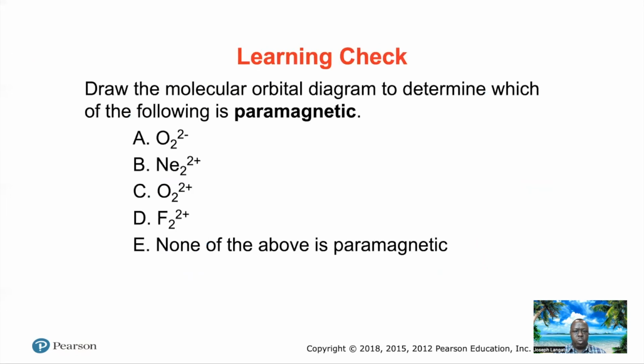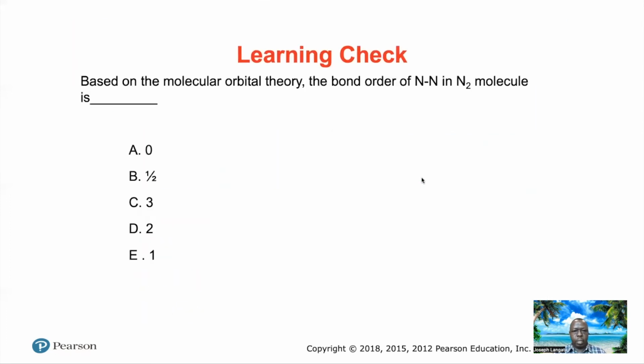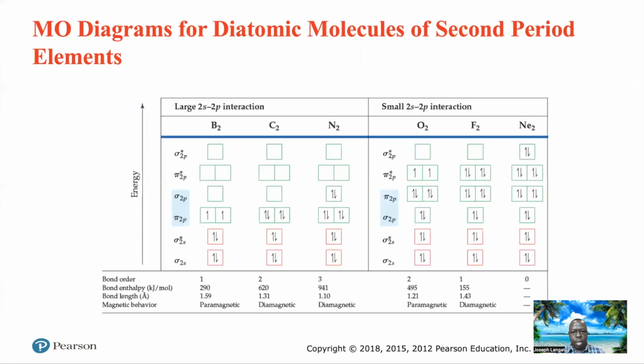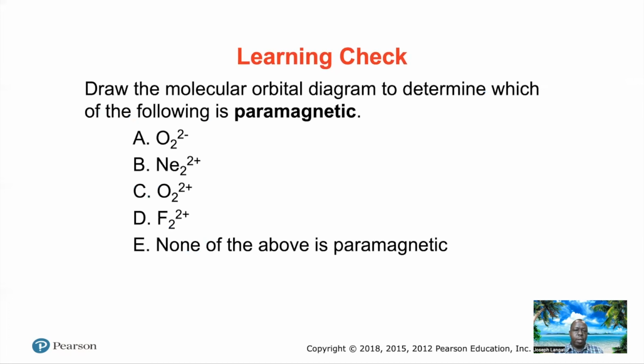If I look at O2 2-, that means we have two extra electrons. Those will pair up here, making it diamagnetic. So A is wrong. If we add or remove two electrons from here, it's still going to be paired up, making it diamagnetic.